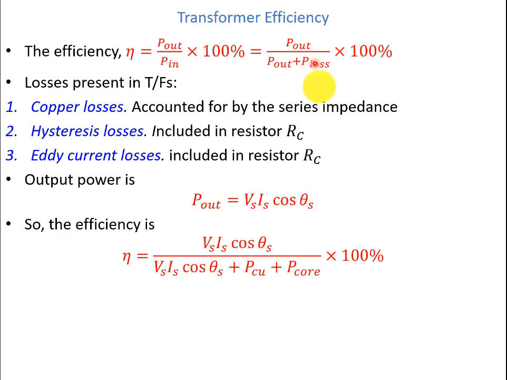Stray losses or miscellaneous losses could be friction losses, windage losses, etc. That can be added to this relation to find out the efficiency of the transformer. Because this is a transformer, we will not have any windage losses or friction losses. So we can have some other stray losses if we can find them, and we can add them.